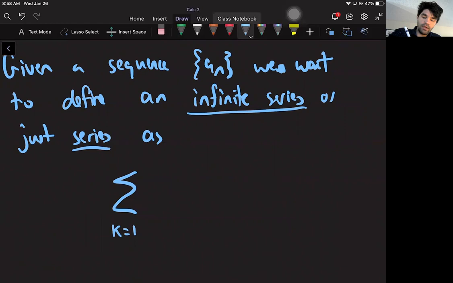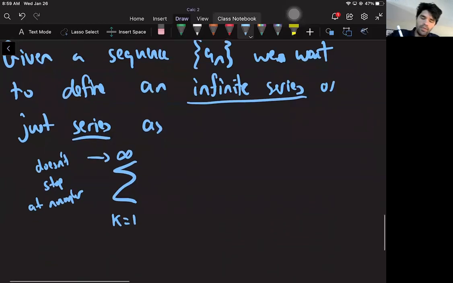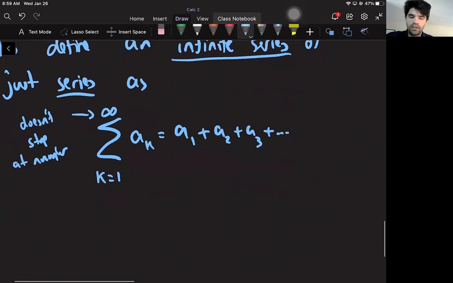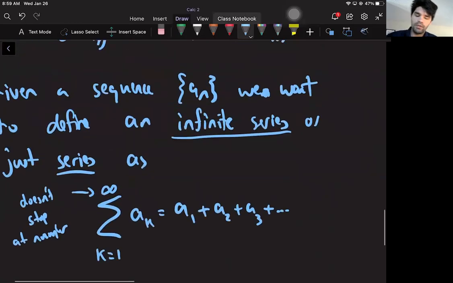Instead of putting a specific number at the end here, if I want to add up infinitely many terms, and I don't want it to stop at a number, then what can I write? I can write infinity. And what that will mean is that I'm going to add A1 plus A2 plus A3 and so on, and I'm not going to stop. I'm going to add up all infinitely many terms of the sequence.